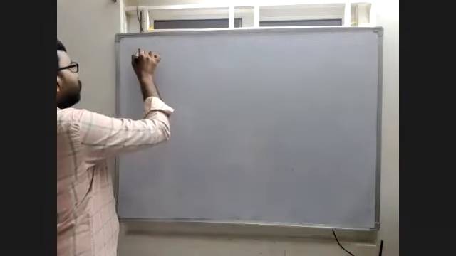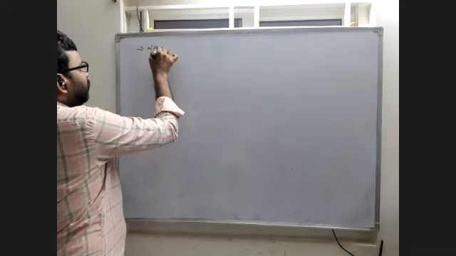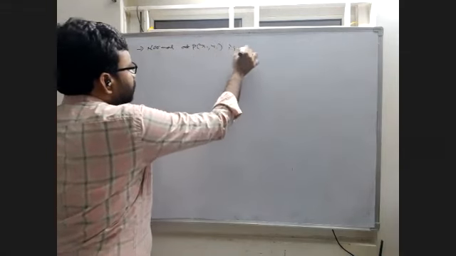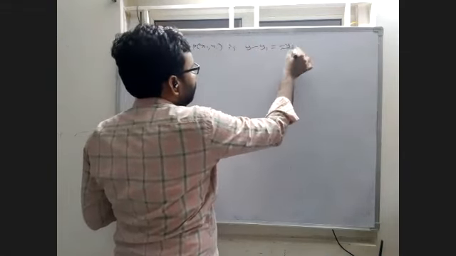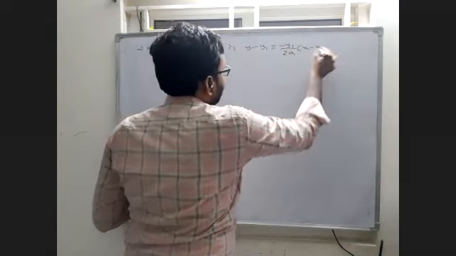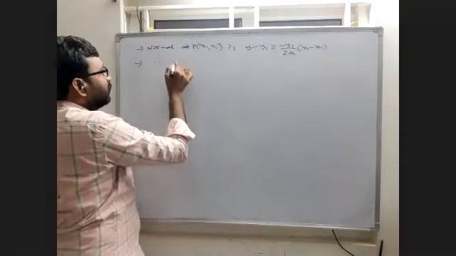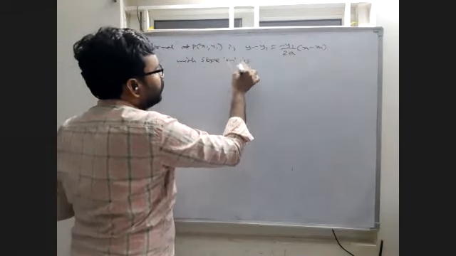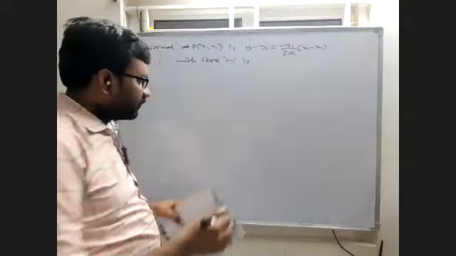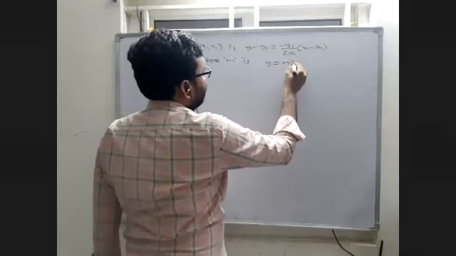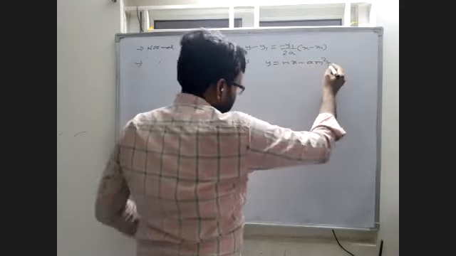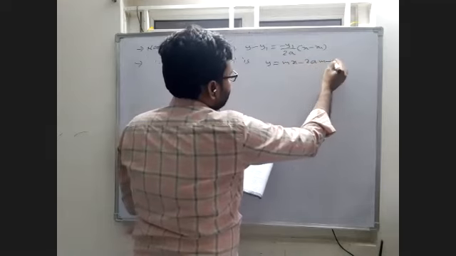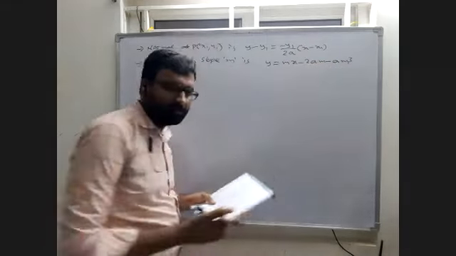Here also with slope m, the normal is y equal to mx minus 2am minus am cube. This is the equation of normal with slope m.